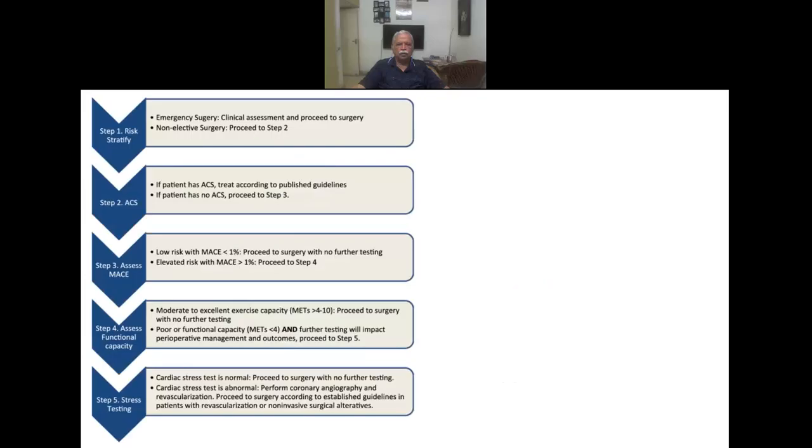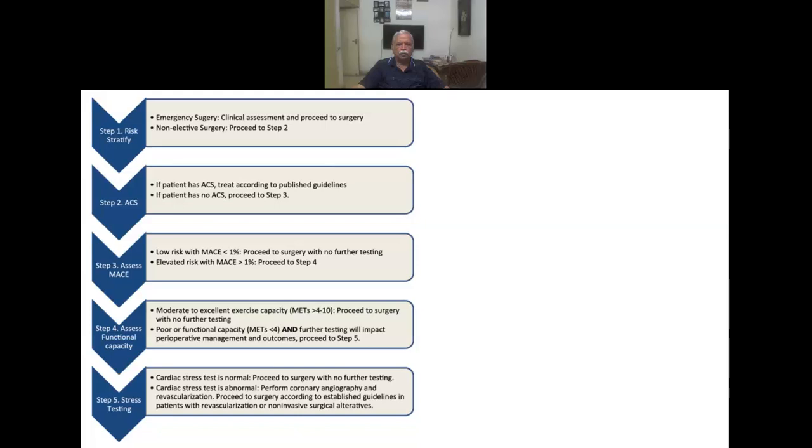But there is an algorithm or a stepwise method that is given in many of the books, which you also have to write in the exam answer. So step one, risk stratification: whether it is an emergency surgery, clinical assessment, and proceed to surgery. Non-elective, proceed to step two. In step two, first you rule out any acute coronary syndrome.